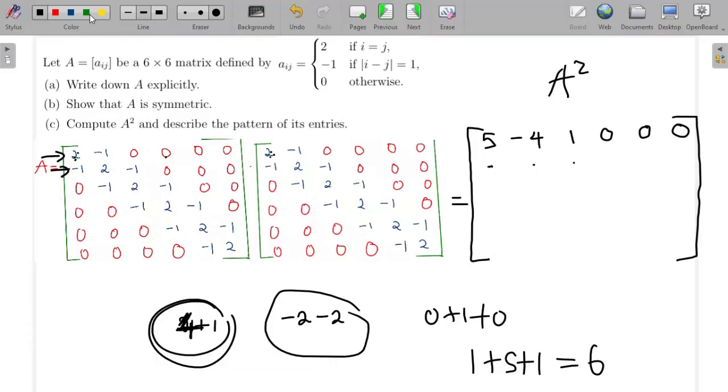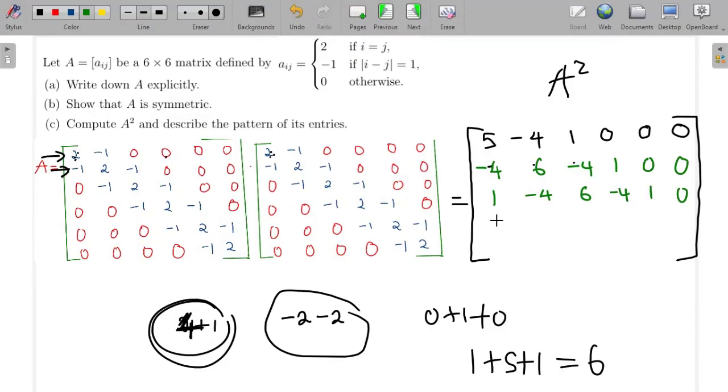So after doing the calculations, I found that the elements of this matrix, the other ones that I have here, I'll be having minus 4, 6, minus 4 again, and then 1, 0, 0. The third row had 1, minus 4, 6, then minus 4, 1, and then 0.